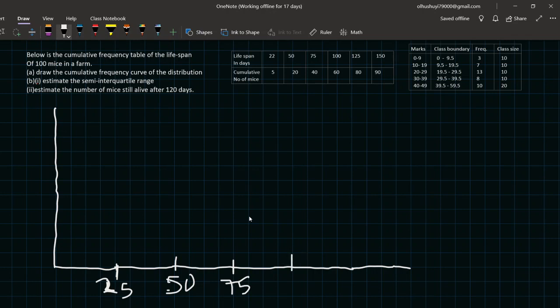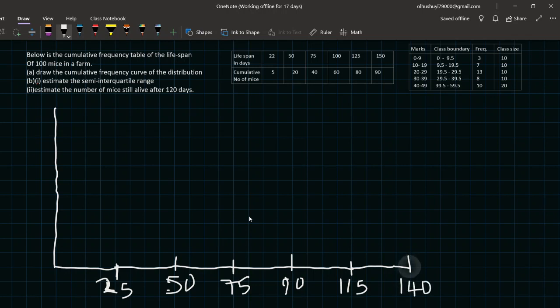1 2 3 4, take this, 75 plus 15, this is 90. Yes, the 90, 1 2 3 4, 90 plus 25, 115. 115 plus 25, I have 140.